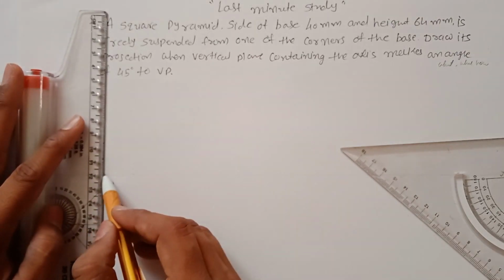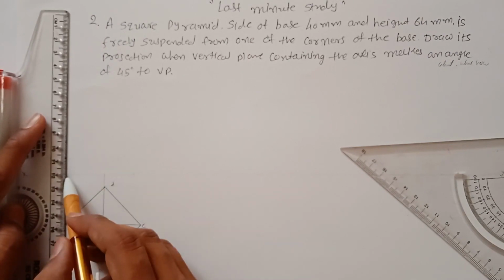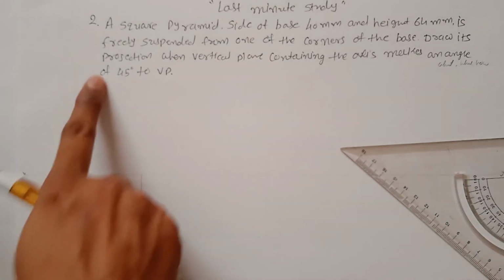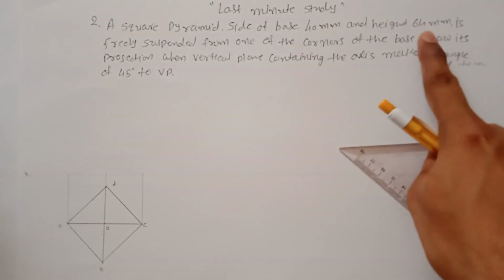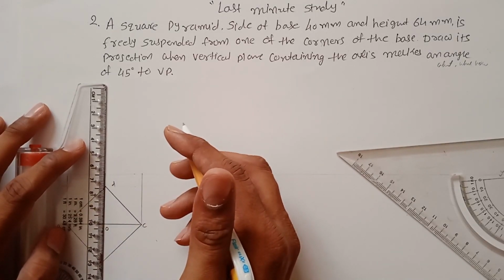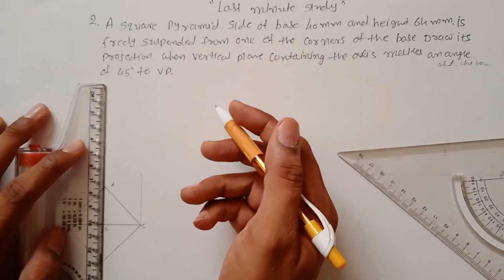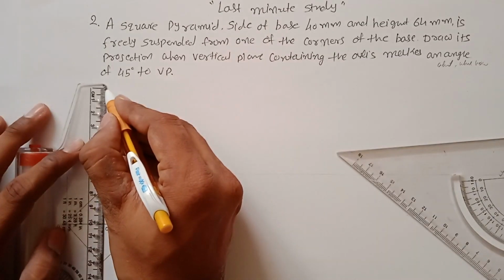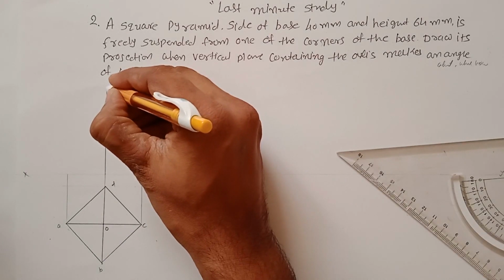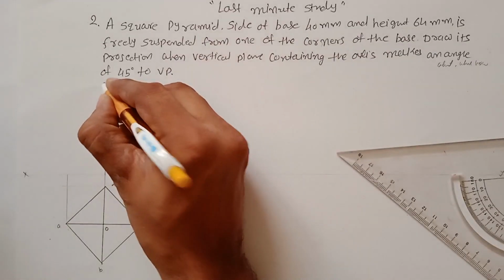Then the front view is a triangle, so draw the projections. The triangle has a height of 64 mm, which is given to you, the axis height. So you have to measure a distance of 64 mm and draw a vertical line. This is your first edge, and this is the apex point O dash.